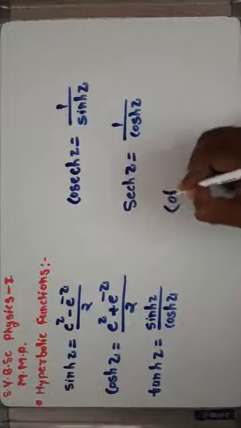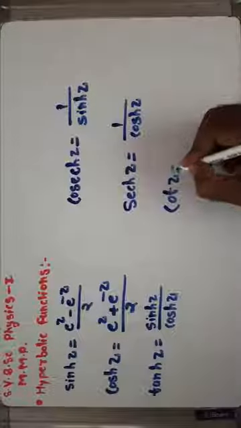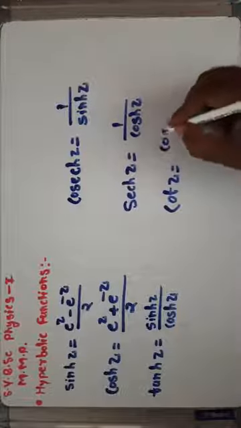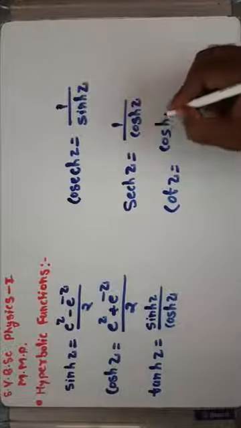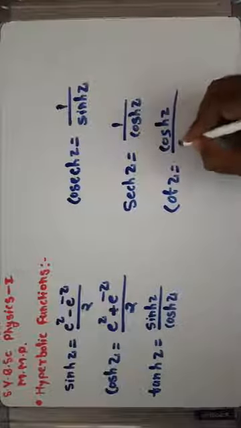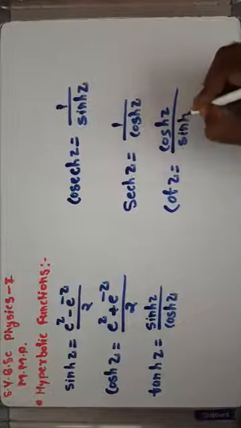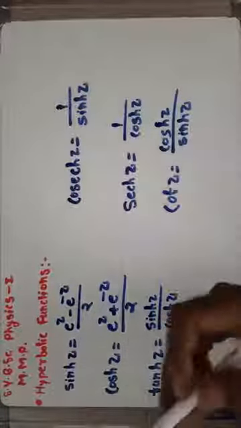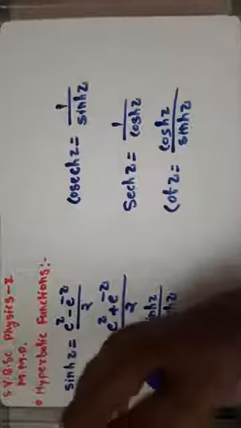And coth z is equal to the inverse of tanh, that is cosh z divided by sinh z. You must remember this.